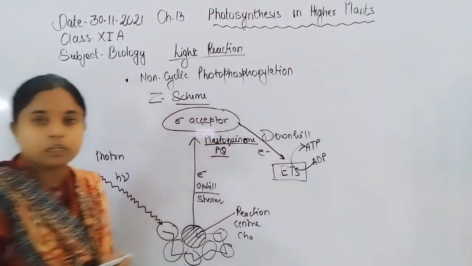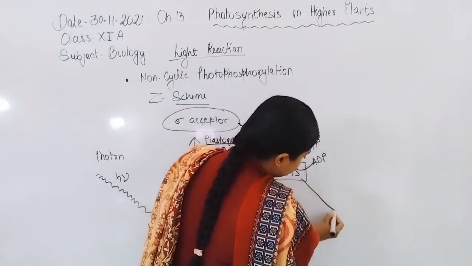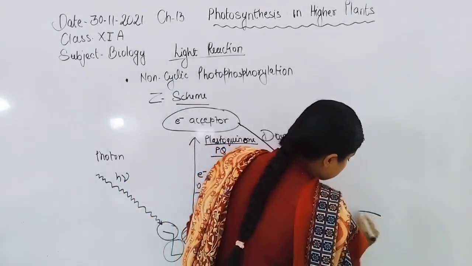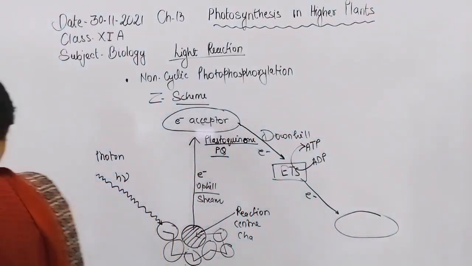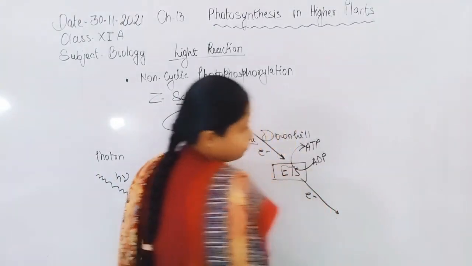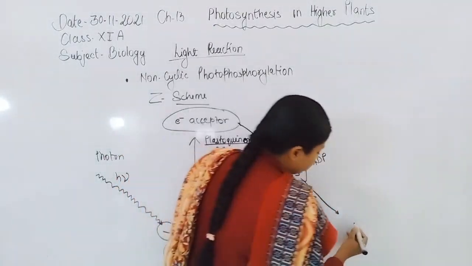Then again the electron from the electron transport system moves in a downhill manner, because energy is used during the formation of ATP, and it is received by the light harvesting complex.